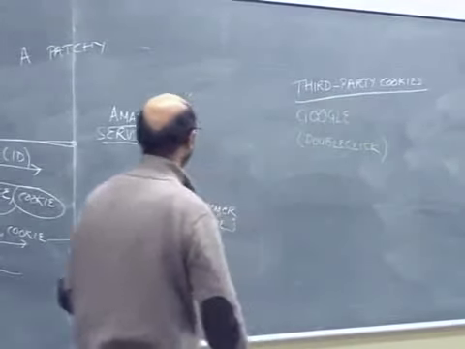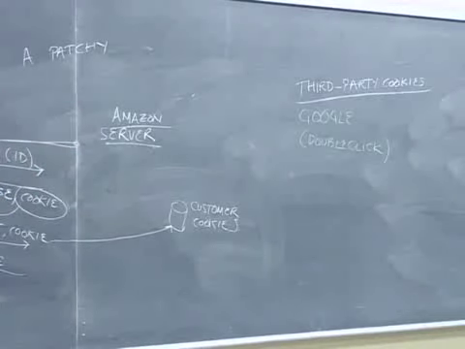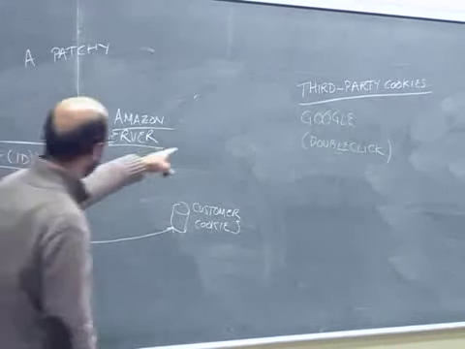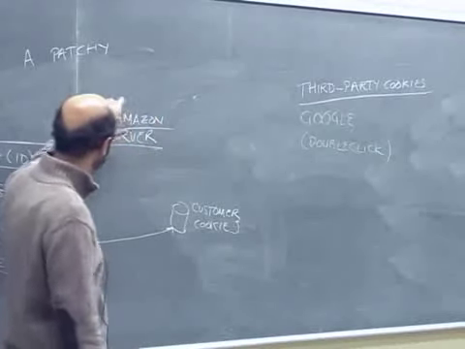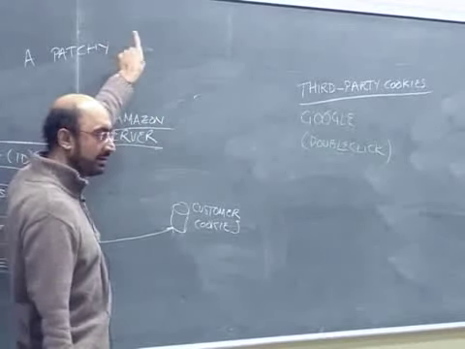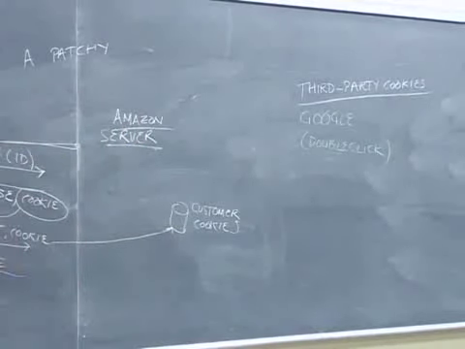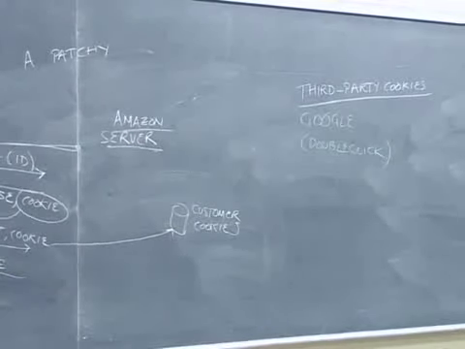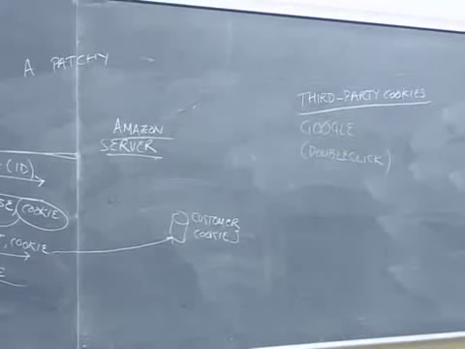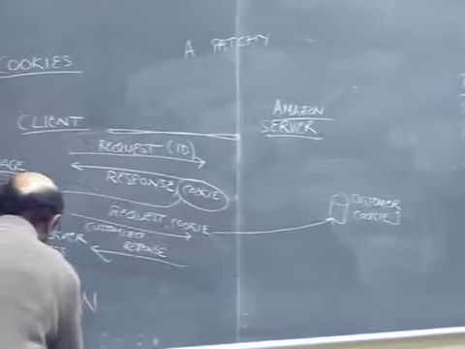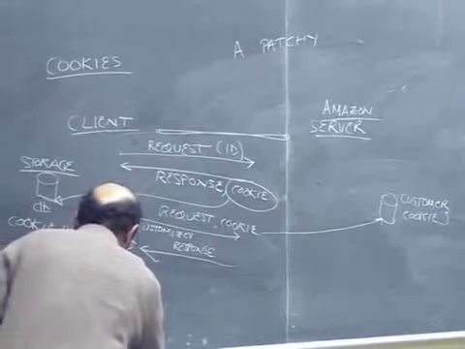So what would happen is that DoubleClick will make a deal with Amazon and CNN and CBC, you name it, all these companies, and say to them, please put on your website not just Amazon, but put in the DoubleClick cookie.